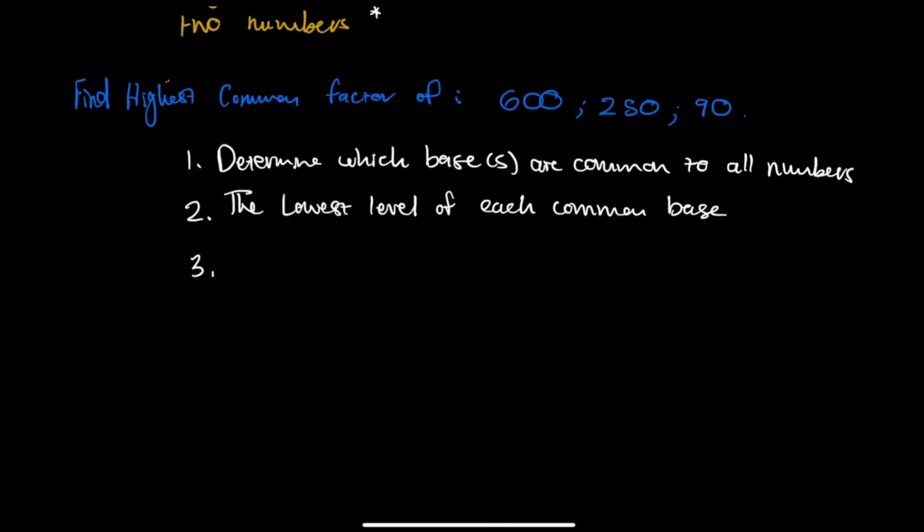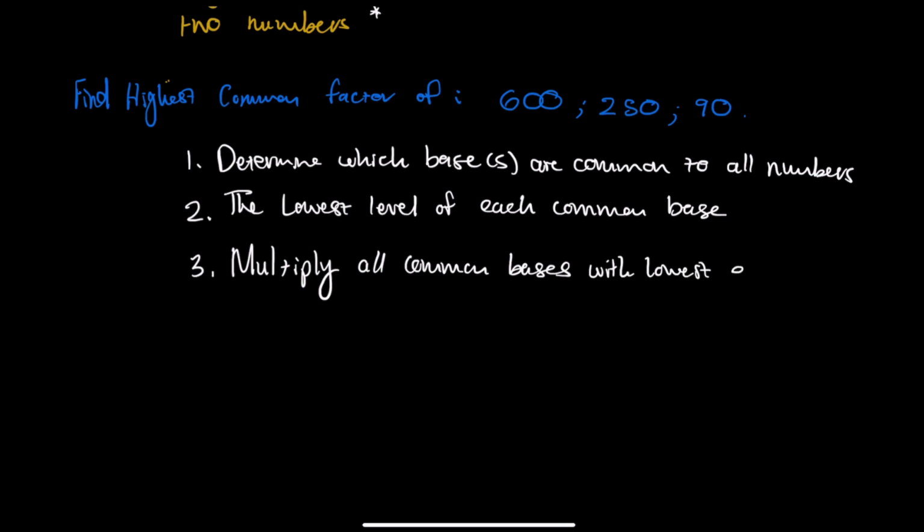And then lastly, we would need to multiply all common bases with lowest exponent by each other. Then of course this value will equal the highest common factor.